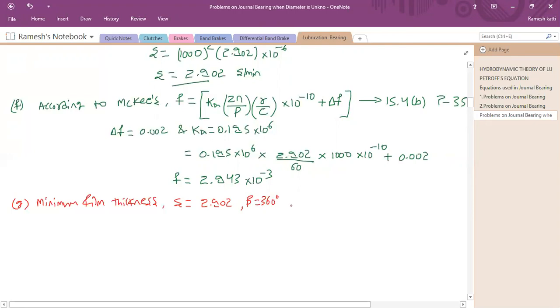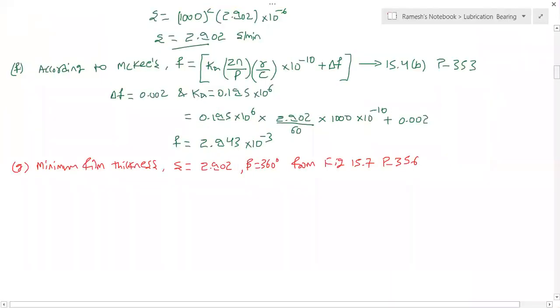From the figure you will get figure 15.7, which is on page number 356 in your data handbook. From that you will get the value.